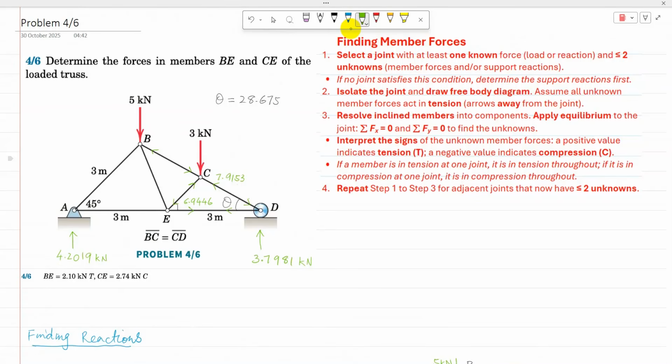So the next one we can go for further. Either we can go for joint B, because at joint B there are three member forces, sorry. So one is known and two are unknown, and the other one I can go at joint E, because at joint E there are four member forces. So two now are known and two are unknown.